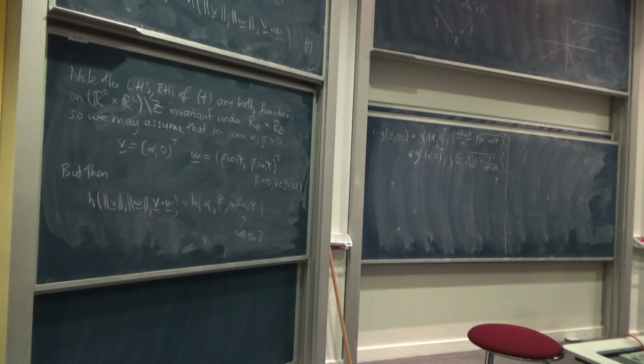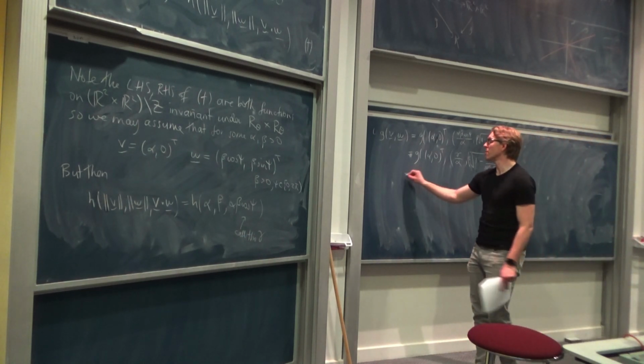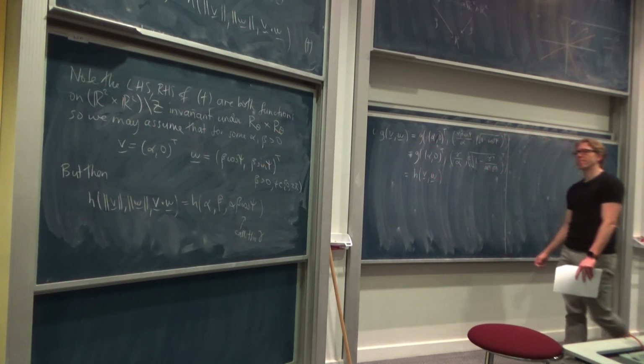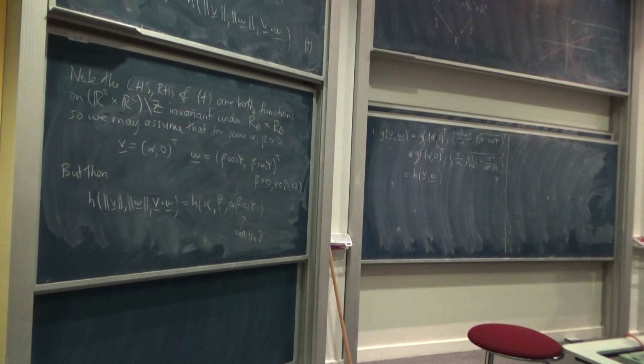But that's how we defined, if you take the beta inside, that's how we defined H. So that is H of V, W. When you write out the formula for H, maybe it seems like something happened, but really nothing happened. This was just the original informal argument. You just sit down and write it down. That's what you get.